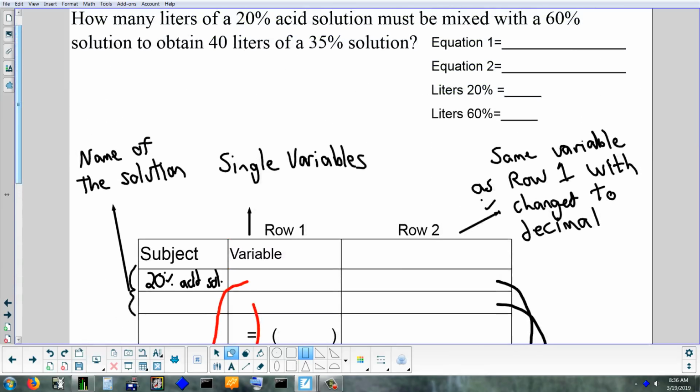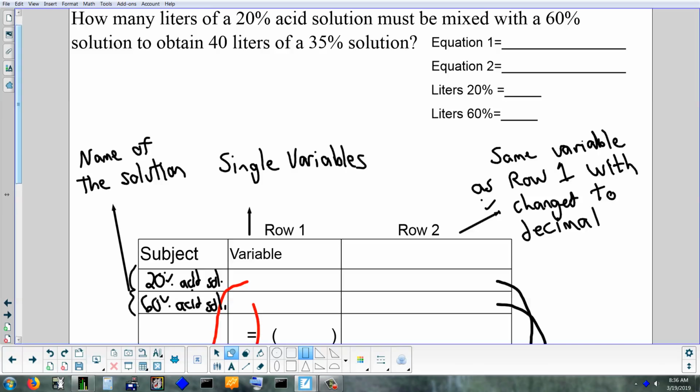A 20% acid solution. What's the other one we want to find? 60% acid solution. If you just put 20% acid, 60% acid, that's okay. If you just put 20%, 60%, chances are it's going to be okay too.